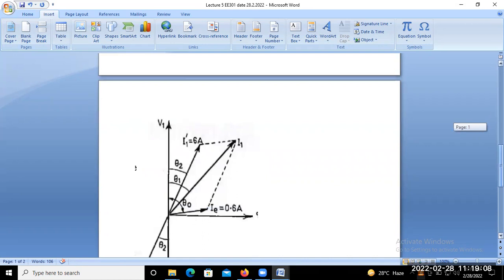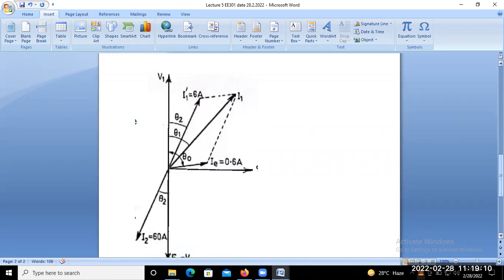Or if you observe this one, this is your theta 1. So we can break this component along the vertical direction and horizontal direction.